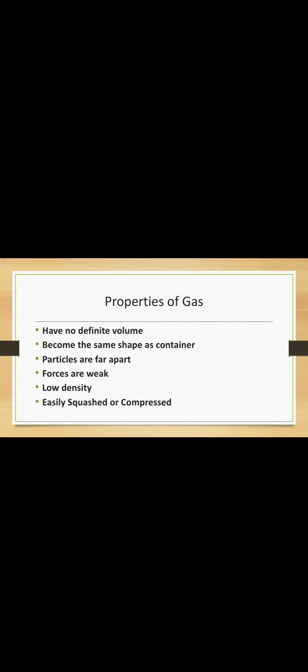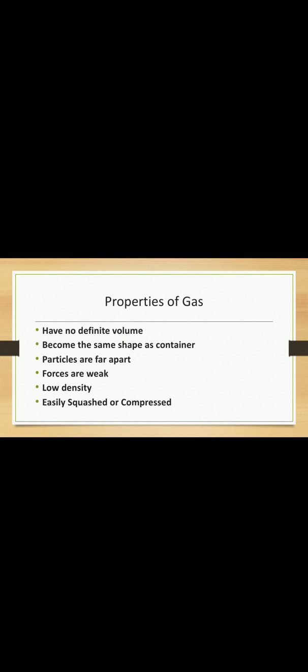They have a low density, and the ability is that we can easily compress or squash them. For example, in the case of a balloon, we can easily compress the balloon because of the air molecules present inside it.